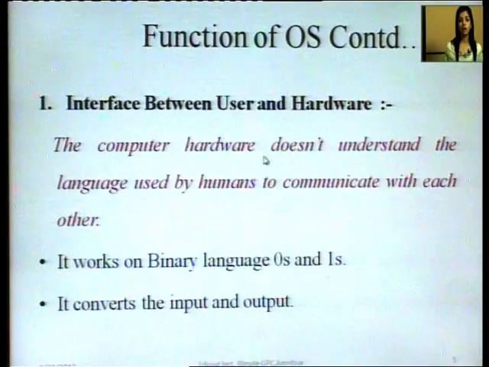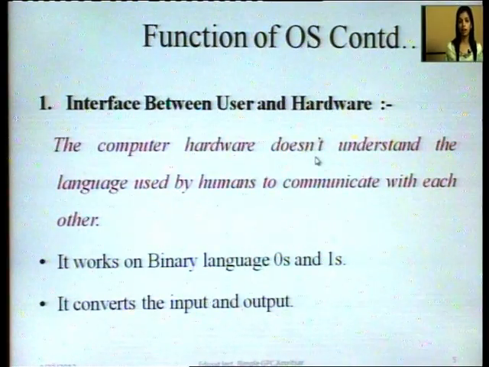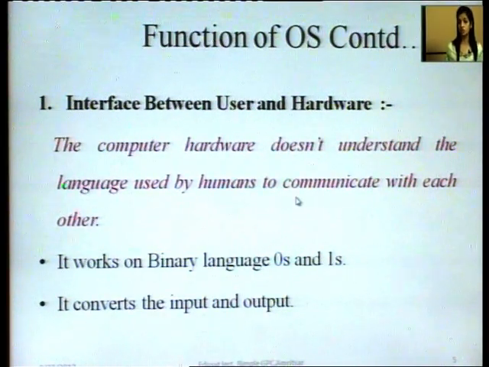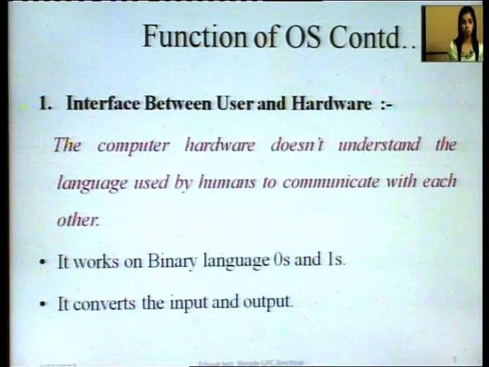So first is interface between user and hardware. The computer hardware does not understand the language used by humans to communicate with each other, that means English. It only understands binary language, which is 0 and 1, machine language, or assembly language. It also converts input and output according to the user and computer.